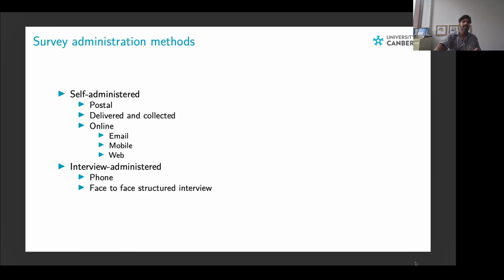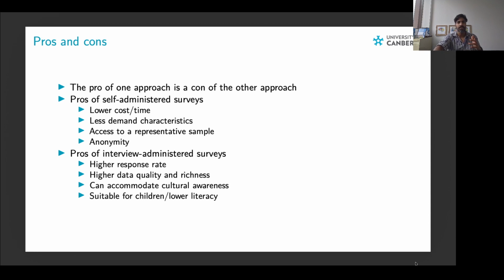And so when we're thinking about self-administered versus interview-administered, you may be wondering, well, why would I do an interview administered over a self-administered and vice versa? And so typically the pros of one of these approaches is the con of the other approach. So for self-administered surveys, they're excellent because they lower cost and time. Just imagine you're a researcher, you maybe don't have the financial resources available to pay for a lot of people to go out and collect that data through interview administered surveys.